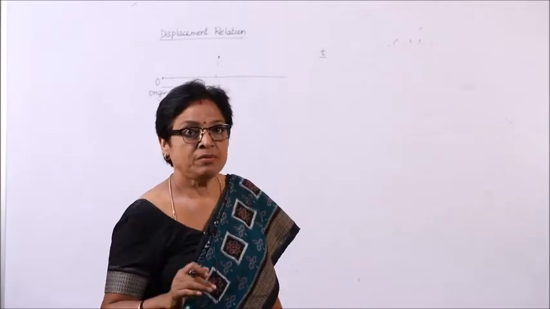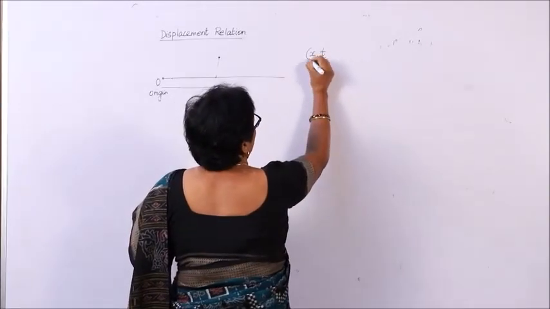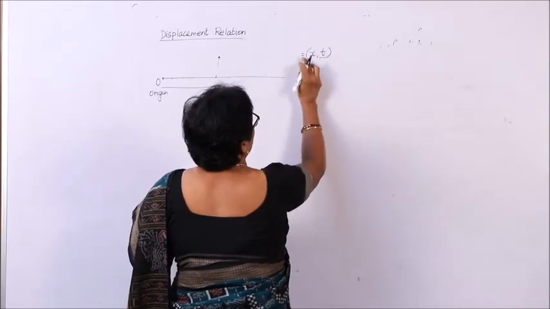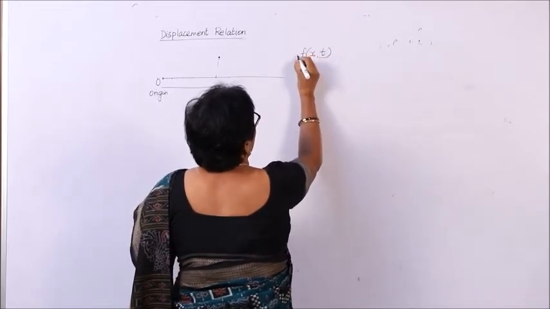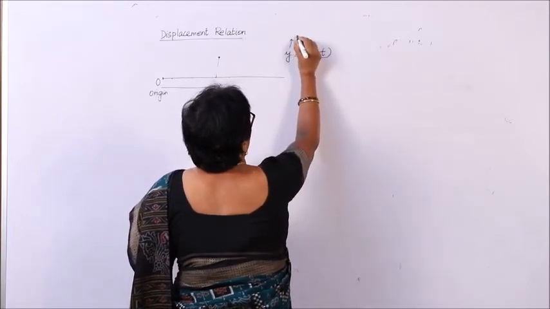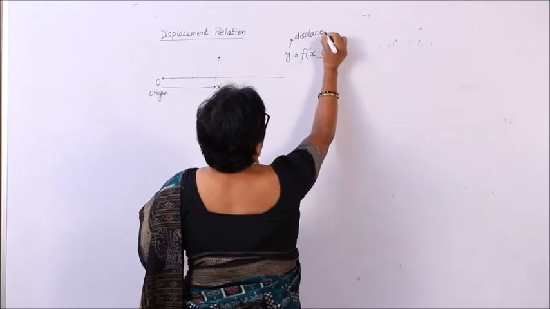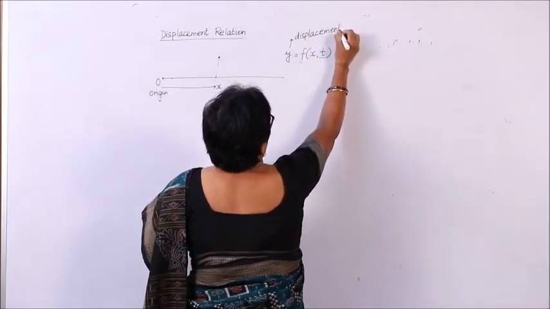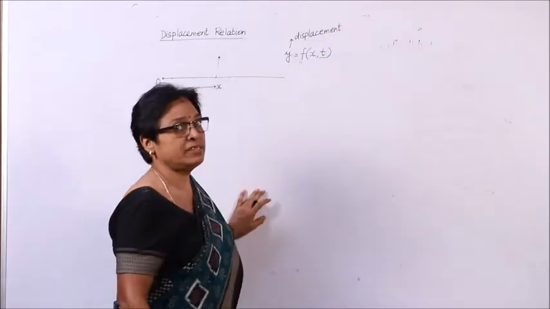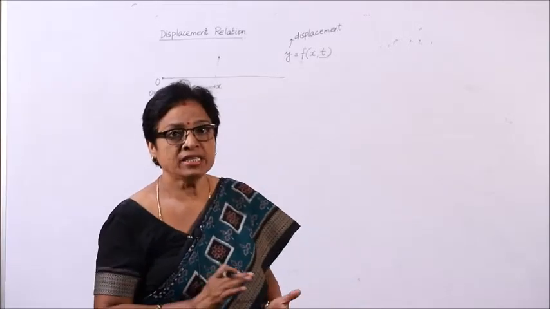Now there are two variables, t and x. So my wave function, the wave solution y, if y is my displacement, may be position displacement, pressure difference, pressure variation, anything. That displacement is a function of x as well as t.